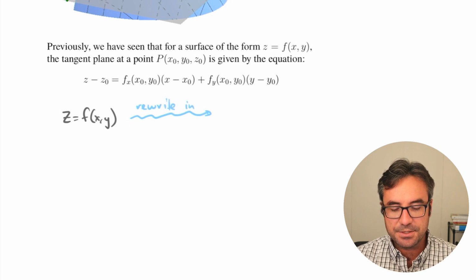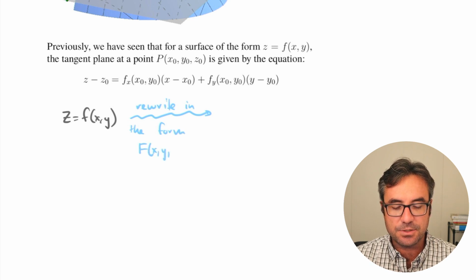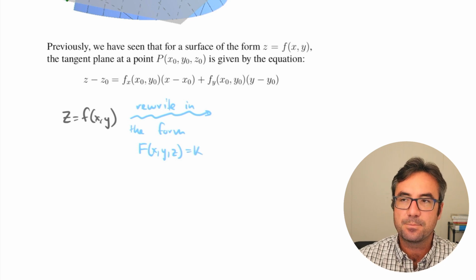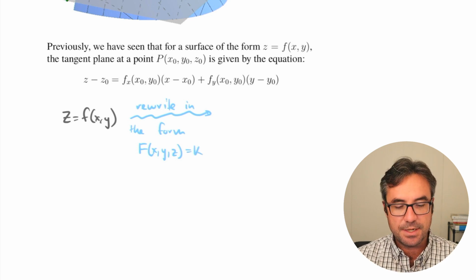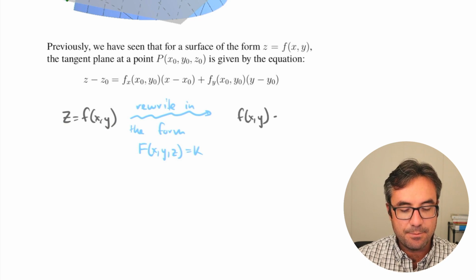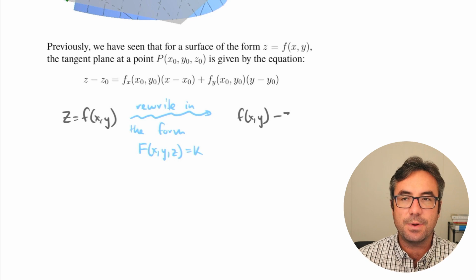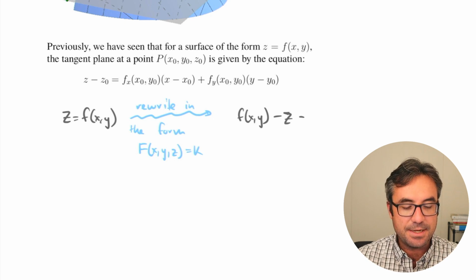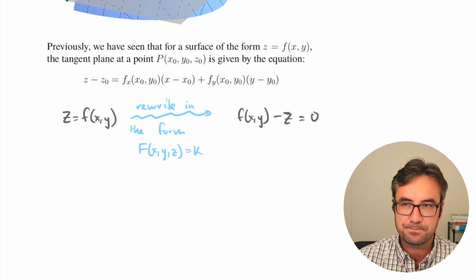And we can do this in the form of some function capital F of x, y, z equal to a constant k. And the way we can do this is by essentially moving the z term over. So we end up with little f of x, y minus z equal to 0.